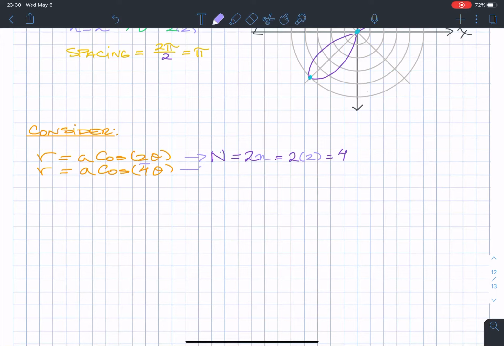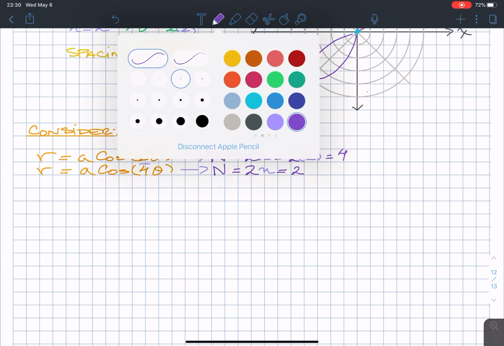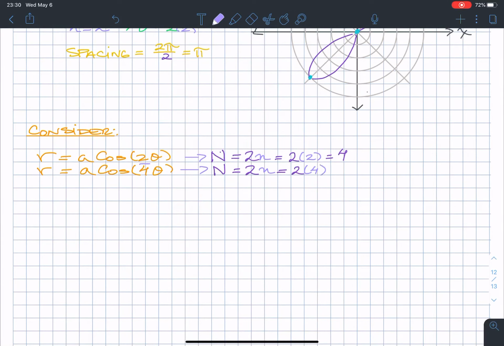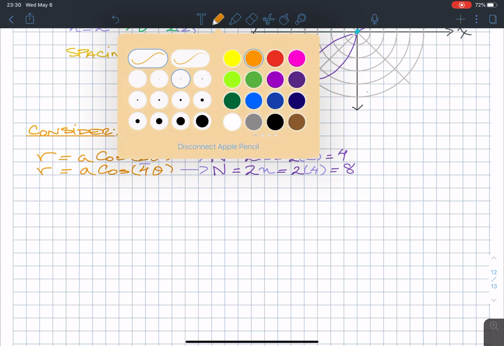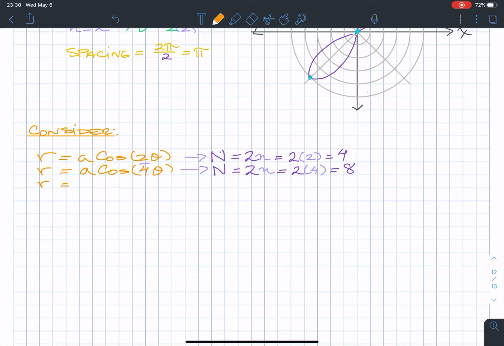So the number of petals, n, is 2 times little n, which is 2 times 4, which is 8. Now let's consider r is equal to a times cosine of 6 theta.